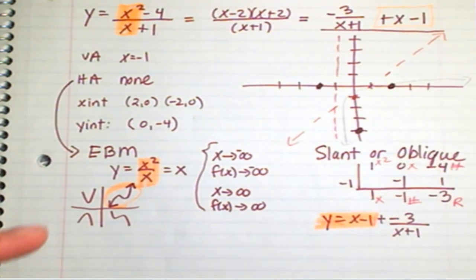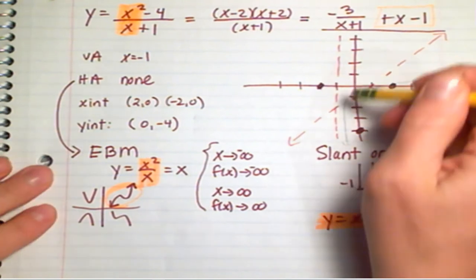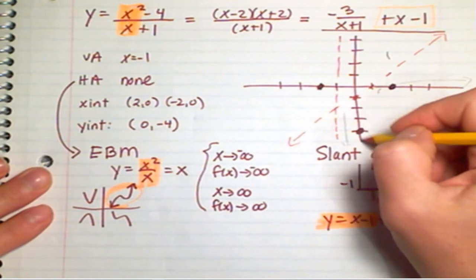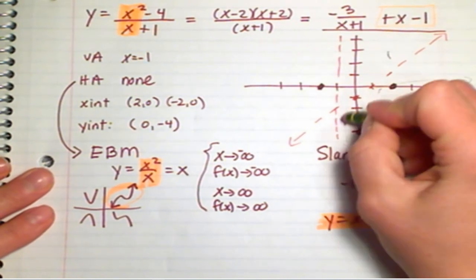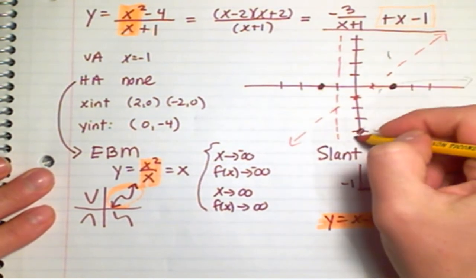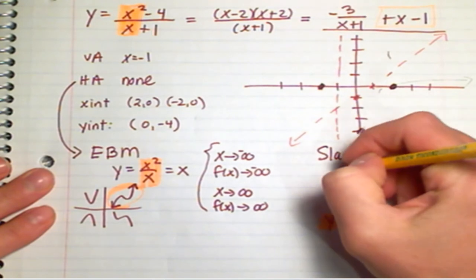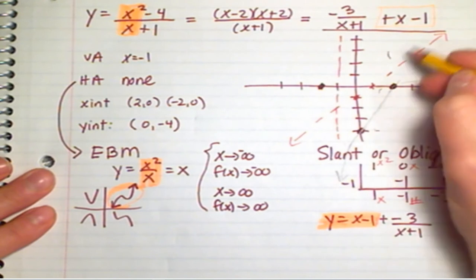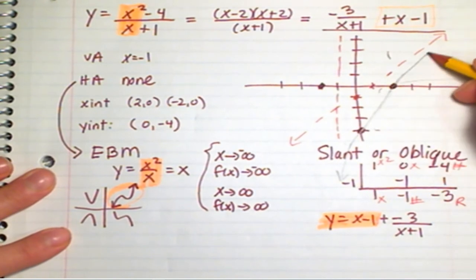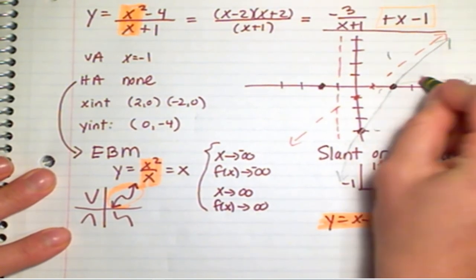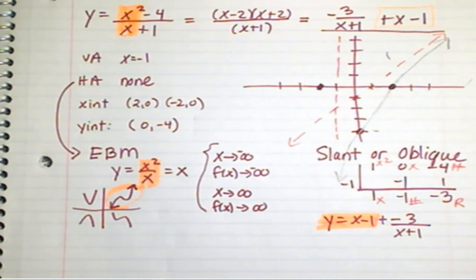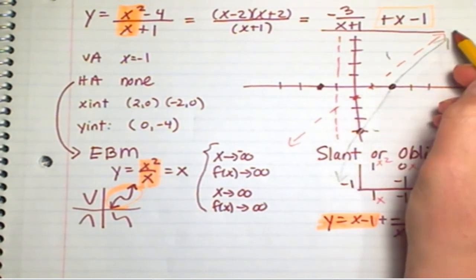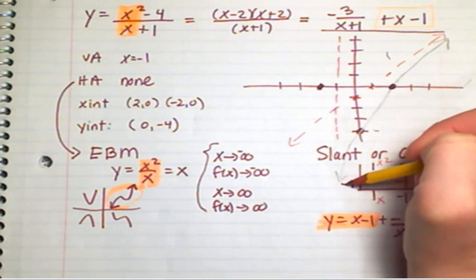But what happens is your shape is going to adjust to go through the points, and it's going to expand to fill the region. So it kind of looks obtuse.